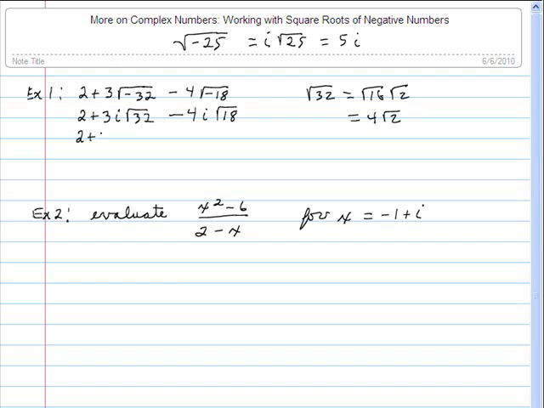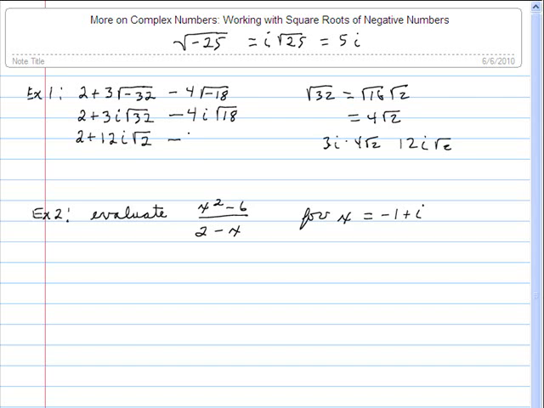So I'll do my 3 times my 4, which will give me 12i square root of 2. Okay, now just to review that, I had 3i times 4 square root of 2. The 3 times 4 gave me the 12i square root of 2.